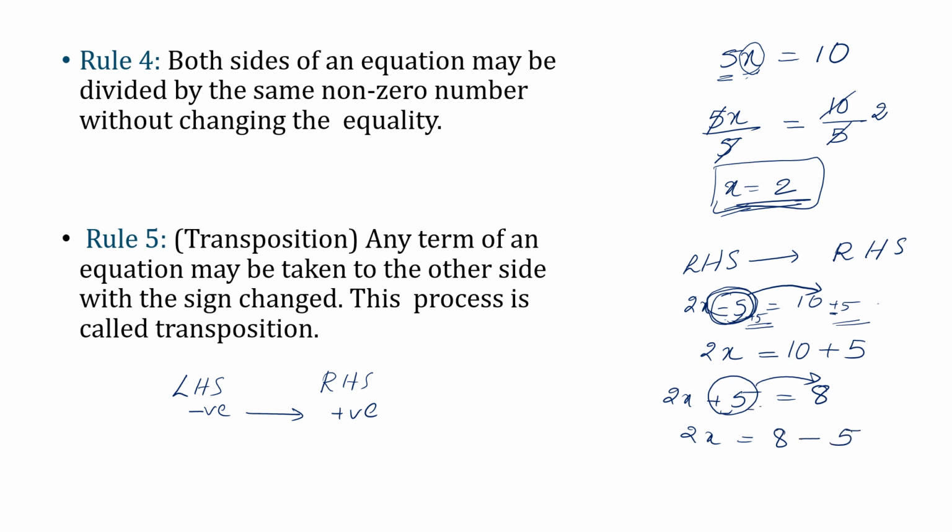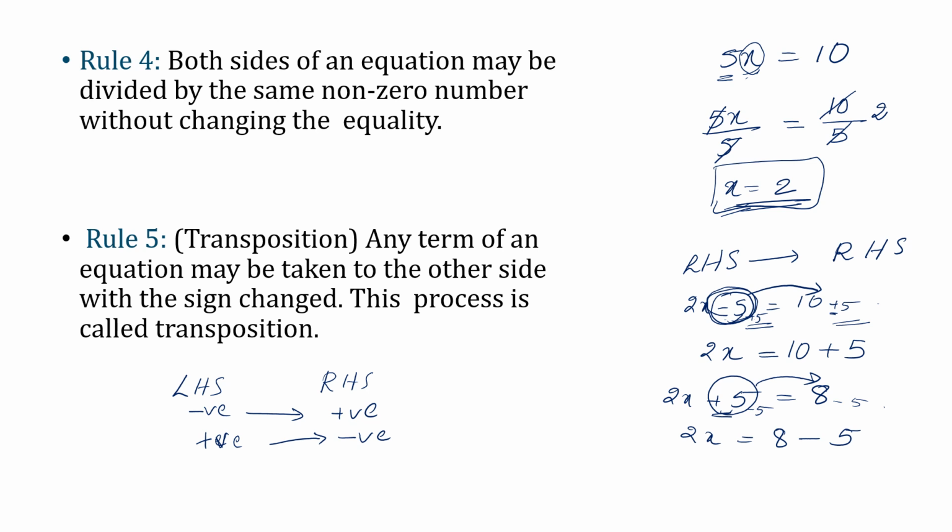So whatever in left hand side, if it is positive, when it is taken to the other side, it will become negative. So positive transposition is negative and negative transposition is positive.